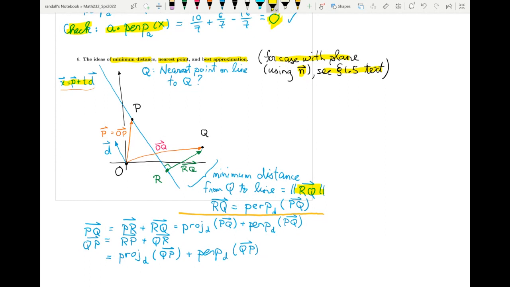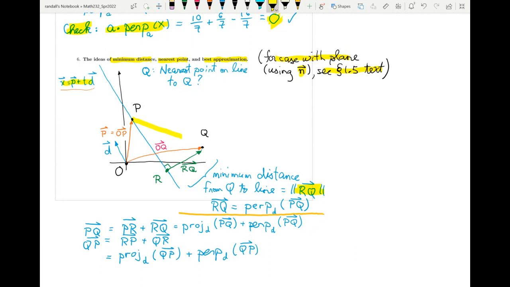In other words, from among all the points in that line, which one gives you the minimum distance between the point and Q? And that's this point R I've drawn. And once I've found that point R, the actual value of the distance is the norm of that vector from R to Q or Q to R, either one. Now, this vector RQ is the perpendicular part of the projection of PQ, which I'll draw now.